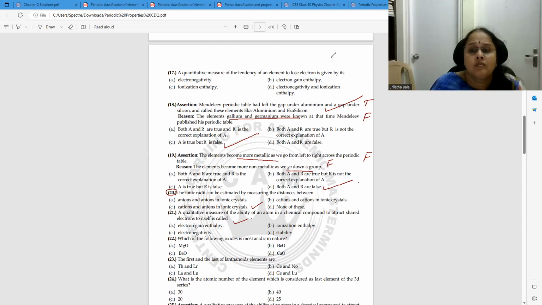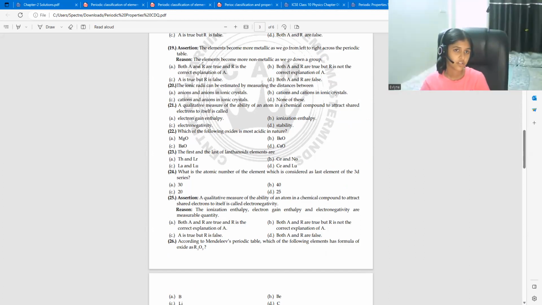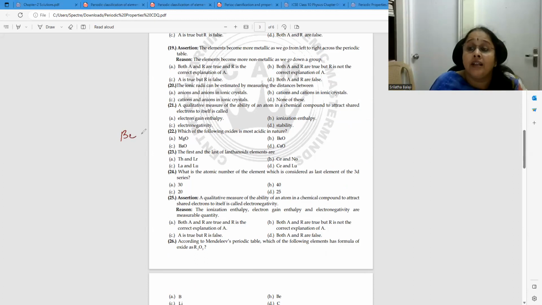22. Answer this carefully. Whenever you have such things given, identify whether they belong to the same group or not. Beryllium, magnesium, barium, calcium. Arrange them in the order they appear in the periodic table: beryllium, magnesium, calcium, barium. Which is more acidic?